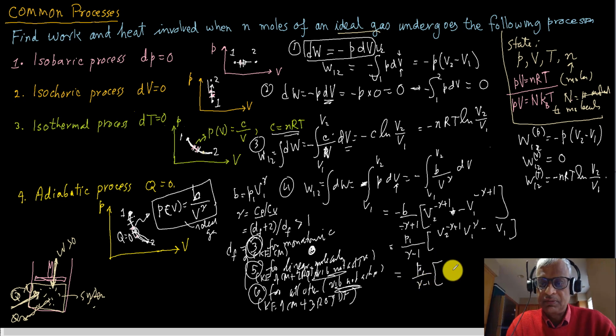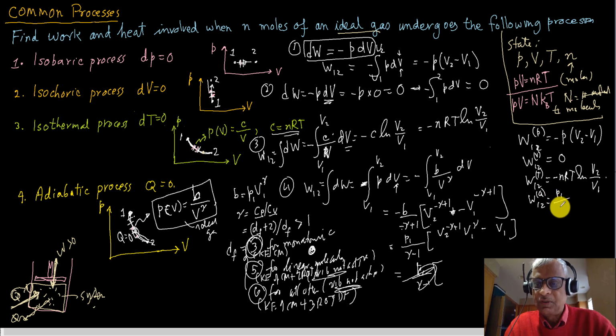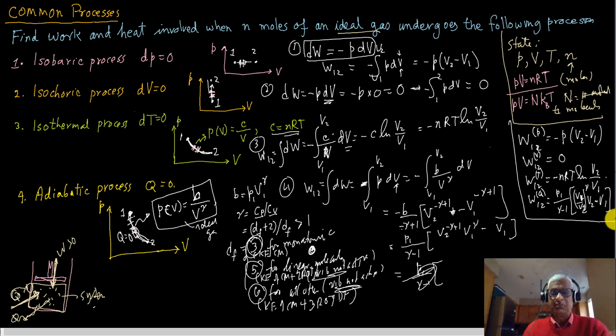So W12 for Q constant is actually P1 over gamma minus 1, V1 over V2 to the power gamma, times V2 minus V1.